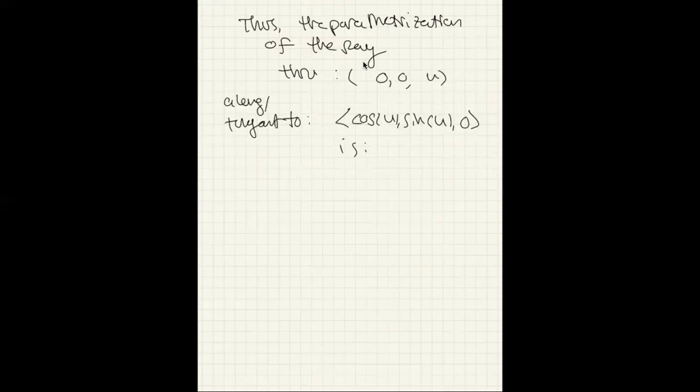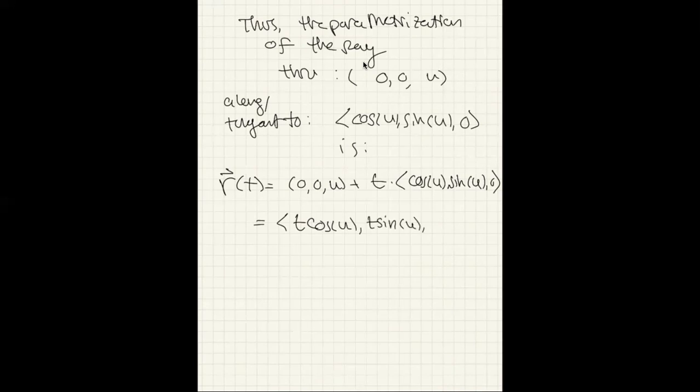So I've got r of t is 0, 0, u plus t times cosine u, sine u, 0. And if I put this all together, this just gives me t cosine u, t sine u, comma u. And this describes that purple ray coming out of that vertical z-axis.